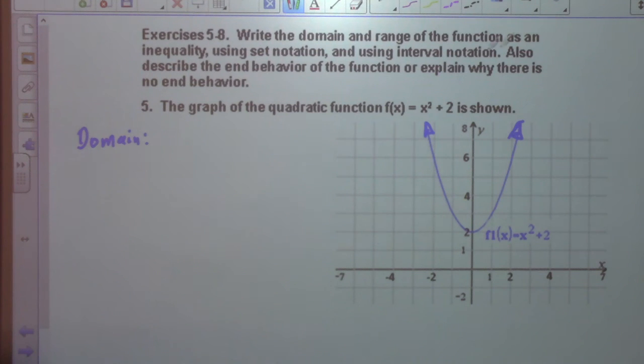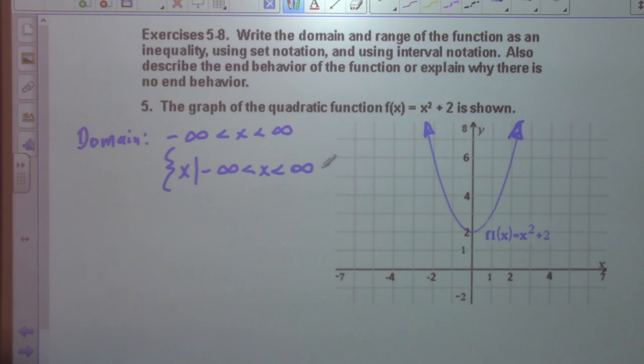So it says inequality notation, so it's going to be like this. And in set notation, it's going to be x such that, you just plunk it right down in here. Same thing.